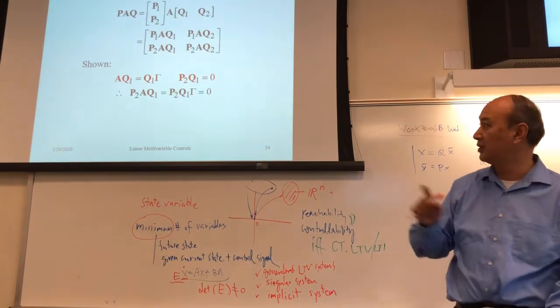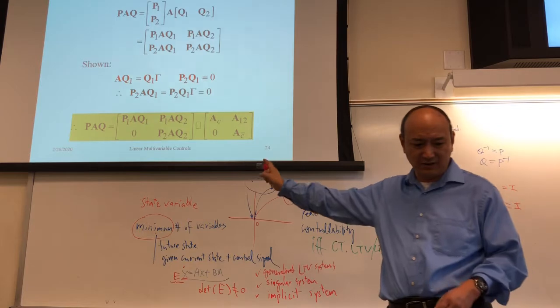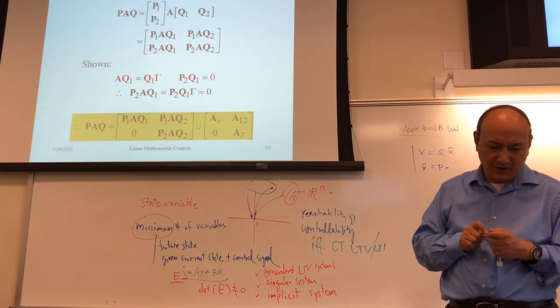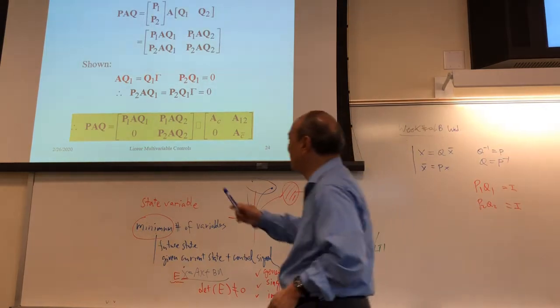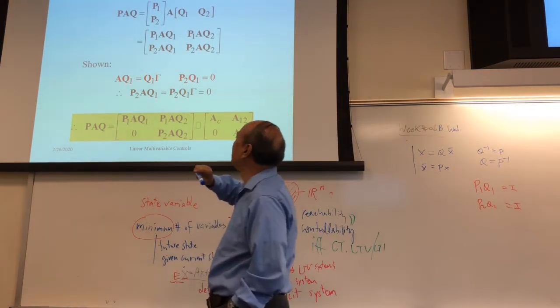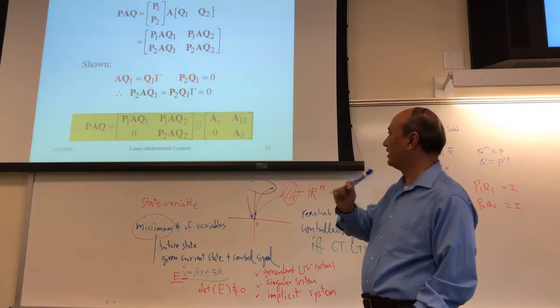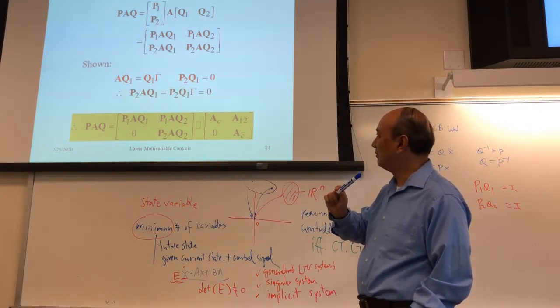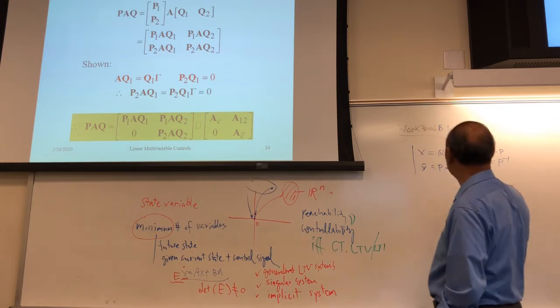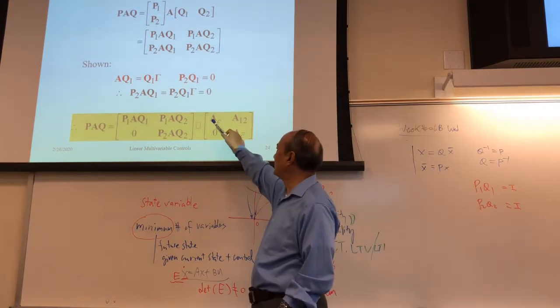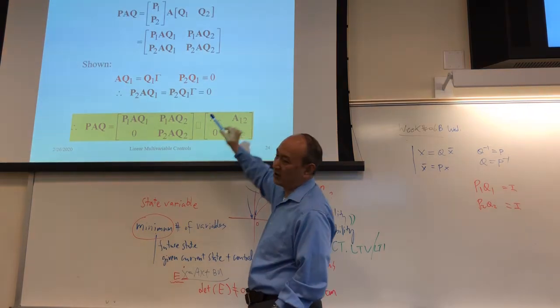Then PAQ will have a structure like this. We comfortably put this one in 0, but this one is not yet. So in the end, in the X bar coordinates, we made our A matrix into upper triangular form.